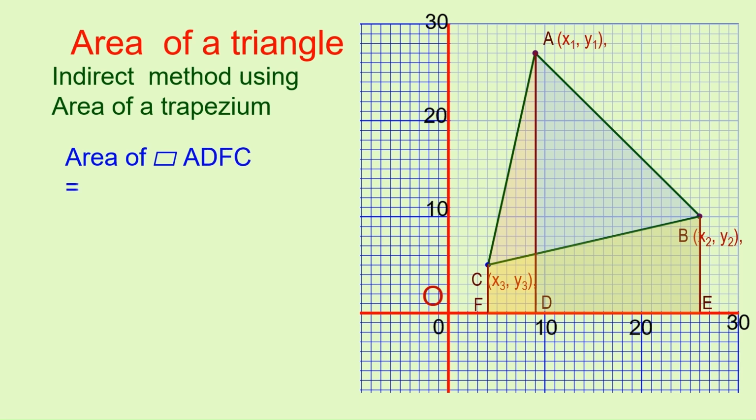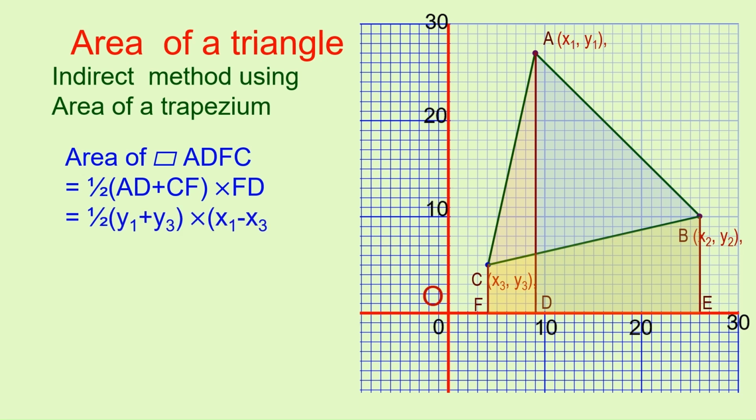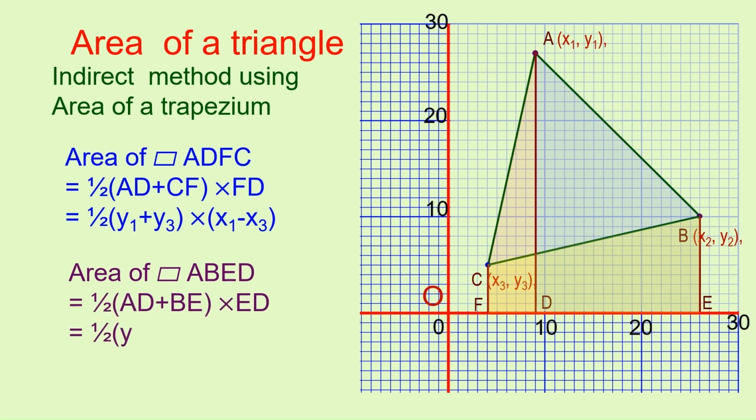Area of trapezium ADFC equals 1/2 times (AD plus CF) times FD equals 1/2 times (y1 plus y3) times (x1 minus x3). Area of trapezium ABED equals 1/2 times (AD plus BE) times DE equals 1/2 times (y1 plus y2) times (x2 minus x1).